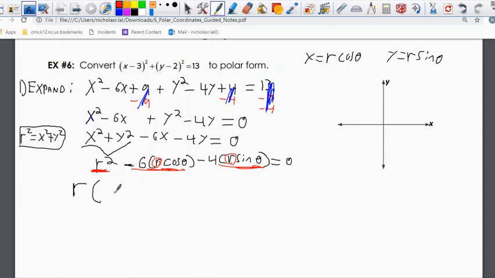So we factor out that r, we will have left over r squared divided by r is r. 6 times r times cosine of theta divided by r is just minus 6 times the cosine of theta. And 4 times r times the sine of theta divided by r is just going to be minus 4 times the sine of theta. And that's all equal to 0.